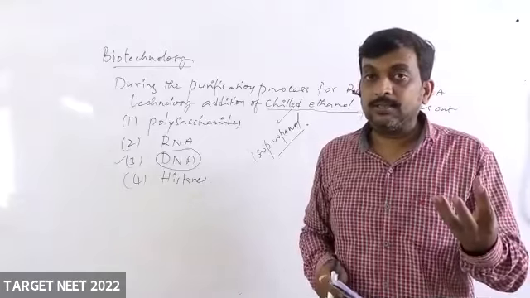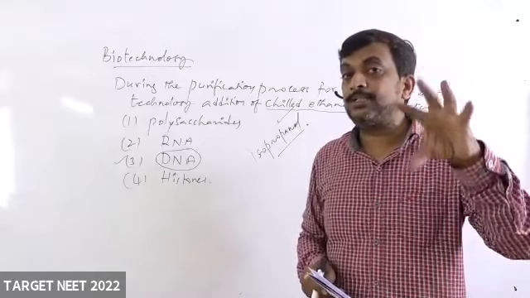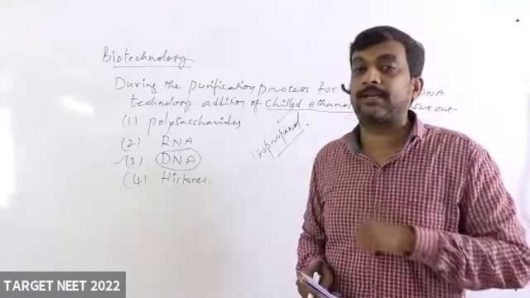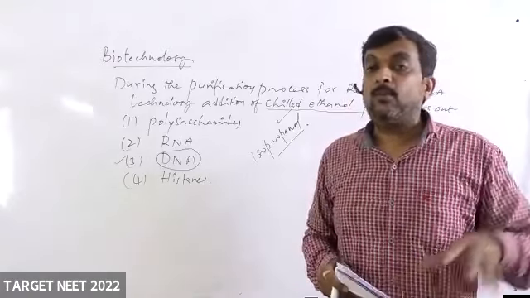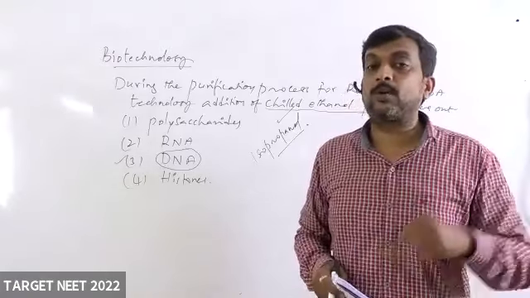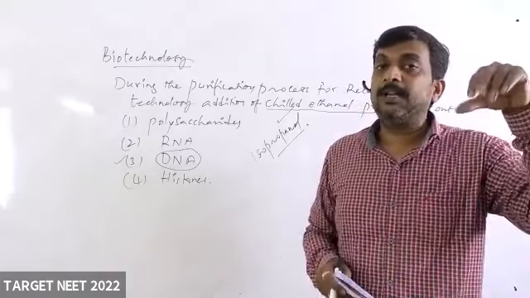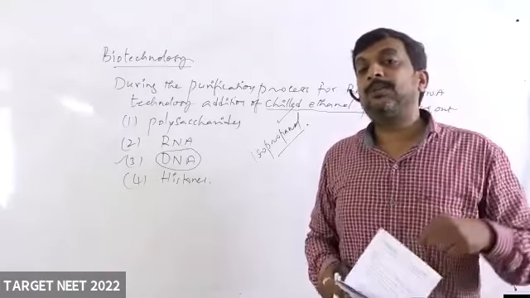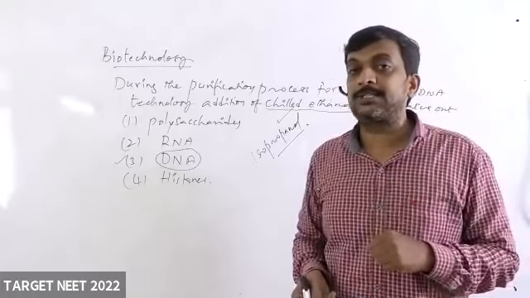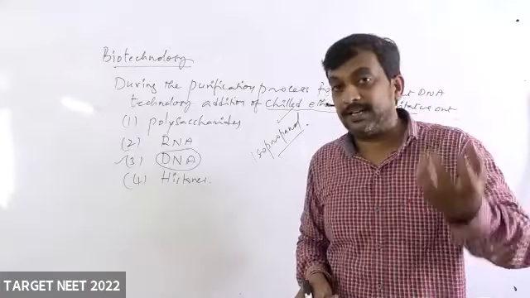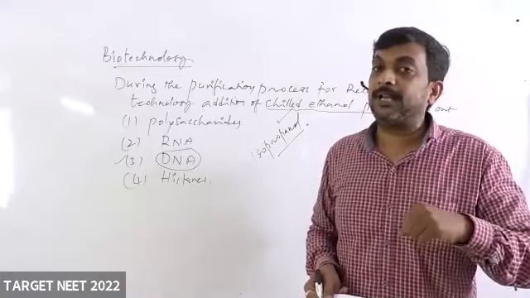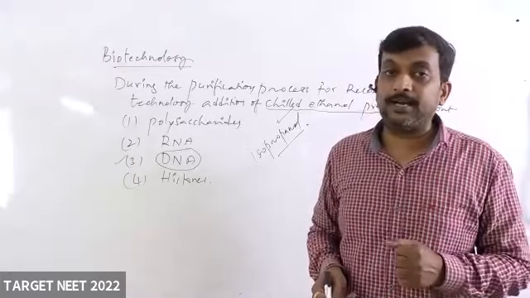We want the entire genomic DNA to be extracted, and during extraction we add different types of chemicals: cell wall degrading enzymes, different types of detergents, or different types of buffers.